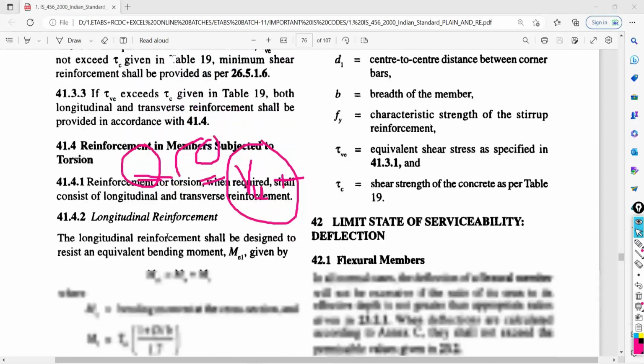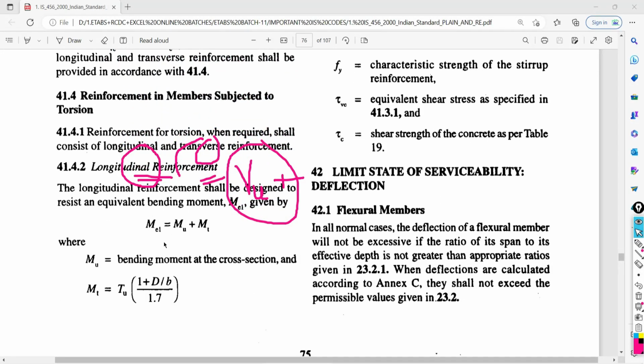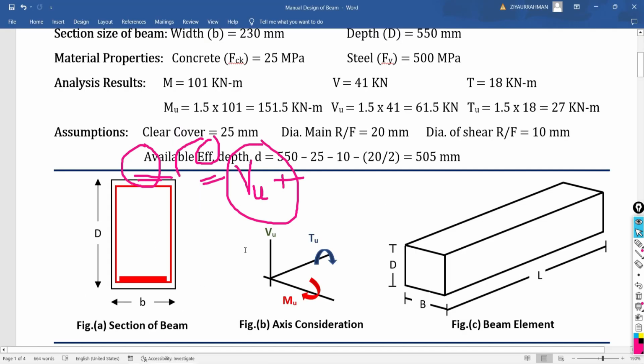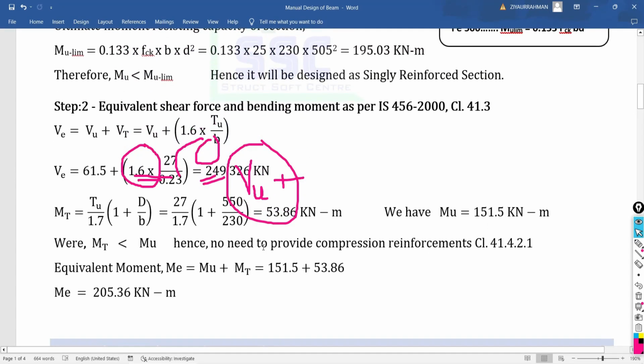Then you also have to find the equivalent bending moment, which will be equal to your basic ultimate moment plus moment due to torsion. How to calculate the moment due to torsion is also given here. All these formulas are considered in this calculation.